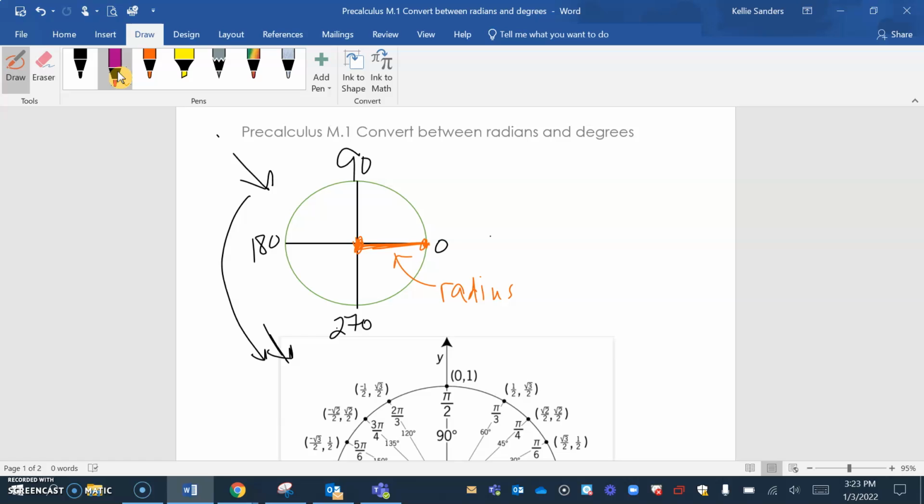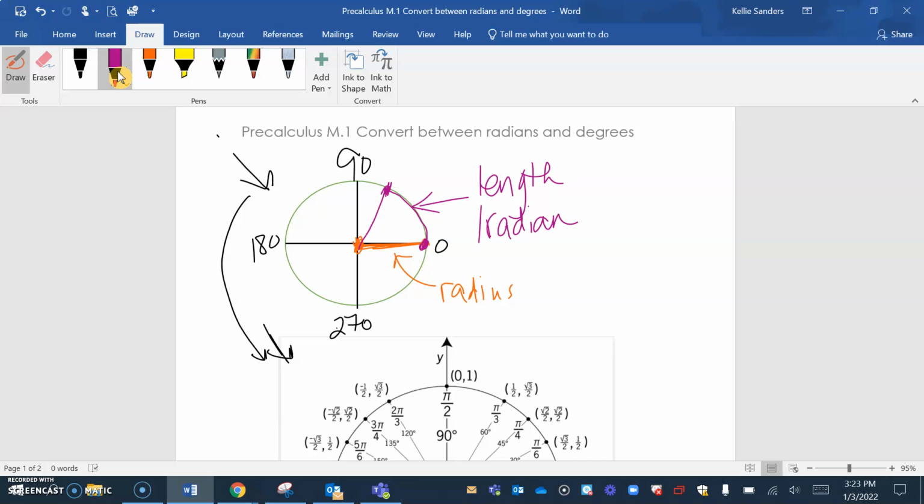If I picked up that string, the string that has a length of radius, and I put one end at 0, and I stretched it along the circle as far as I could, and then connected that right there, this length is called 1 radian.